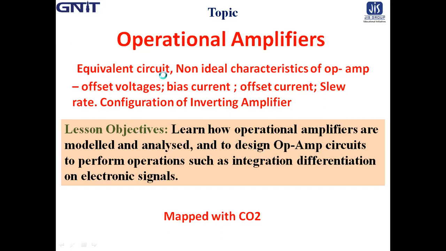And the lesson objective of this topic is to learn how operational amplifiers are modeled and analyzed and to design op-amp circuits to perform operations such as integration, differentiation on electronic signals. And this topic is mapped with CO number 2.